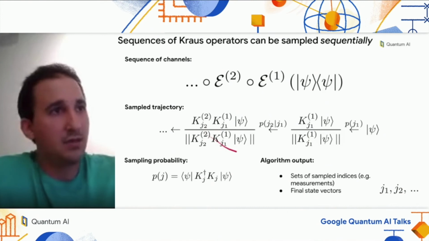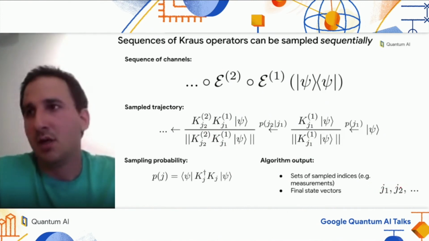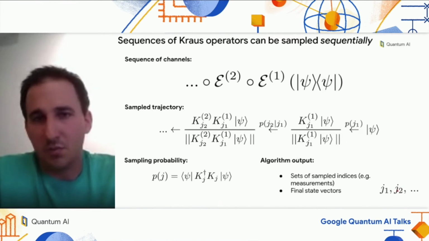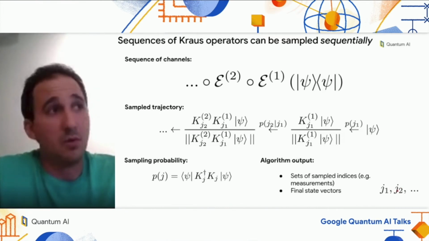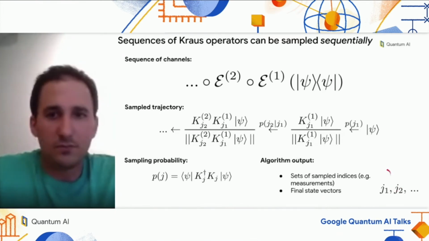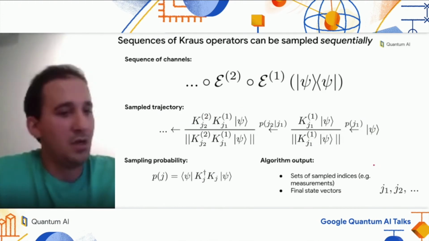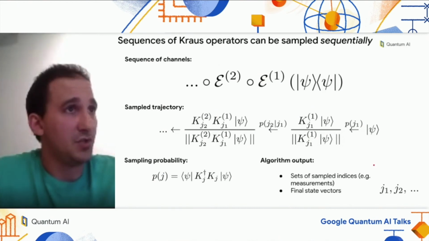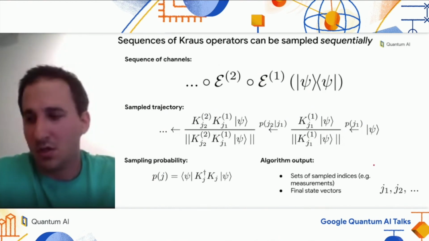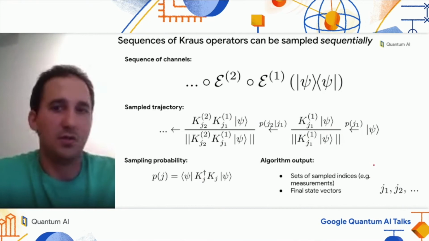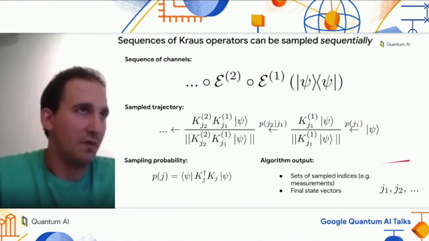By the end, you have a record of all the Kraus operators that were sampled. The ones that actually corresponded to measurements are then what the experimentalist would see. Again, I'm going to stress that we're really mimicking what an experimental implementation would give you. So we're trading off detail for the ability to consider much larger system sizes, because again, these are vectors and not matrices.